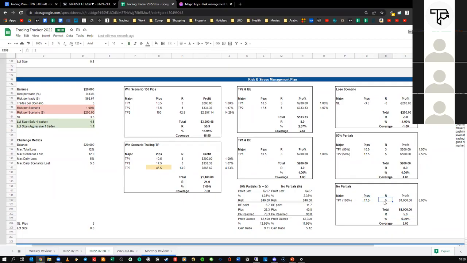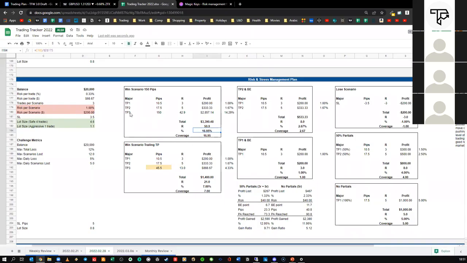Here you have 5R, it's 17.5 pips, and it makes you the 5%. Here you may have to travel a bit more, but the travel is the same distance. You just have a higher SL, but now you've made a lot more money because your lot size was a lot larger. So now you made 16.95%.